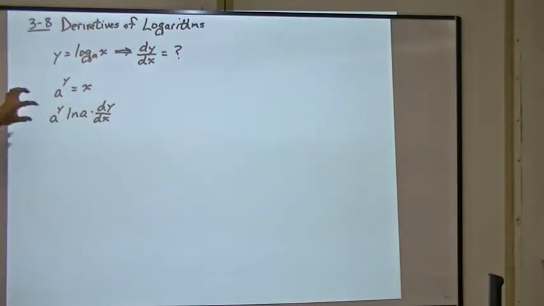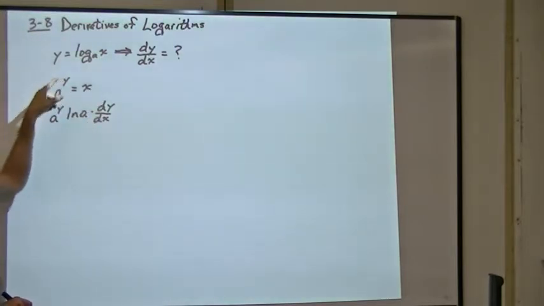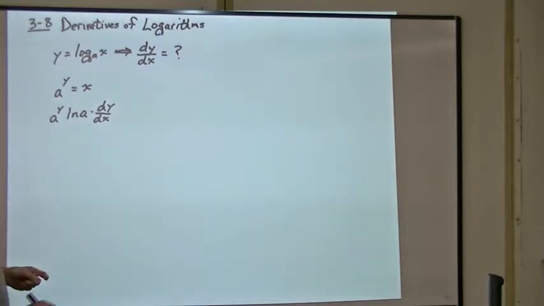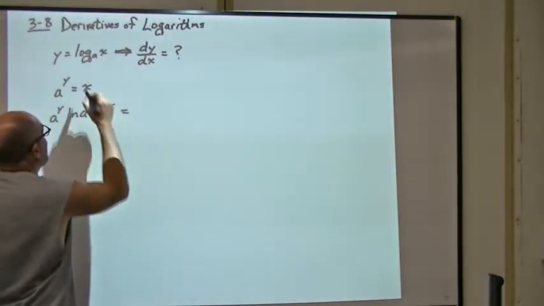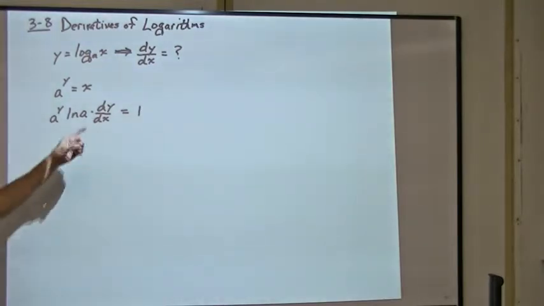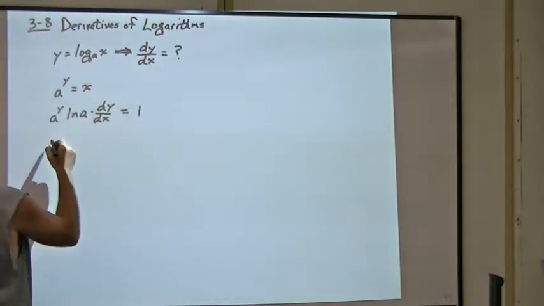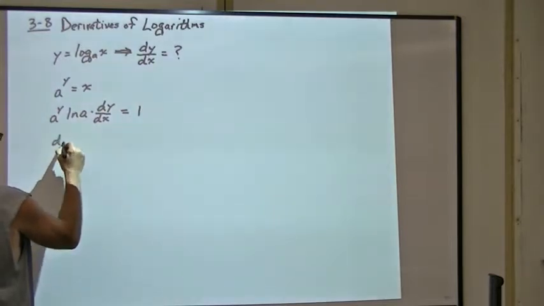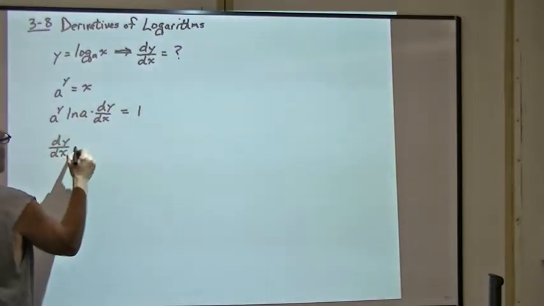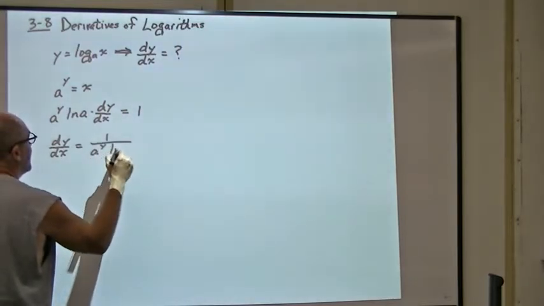So we've got the derivative of a to the y is a to the y times natural log of the base times the derivative of the inside of this function, which is dy dx, equals the derivative of x, which is just 1. Now all we have to do is get dy dx by itself, and we're in the money. So basically divide out the a to the y natural log a, so we have dy dx equals 1 over a to the y natural log a.